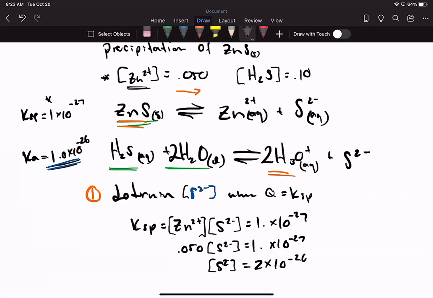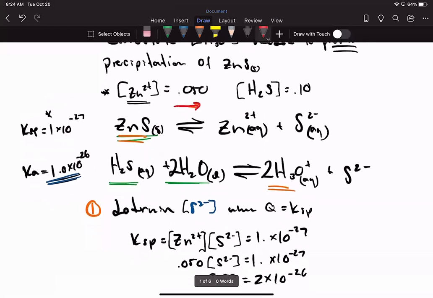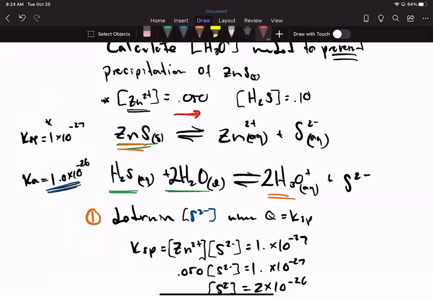Okay, so when we're calculating this, we understand that our reaction needs to shift to the right, which means that in order to prevent precipitation, our Q has to be less than our KSP.